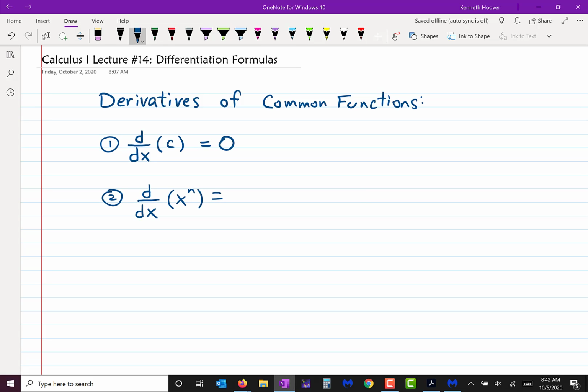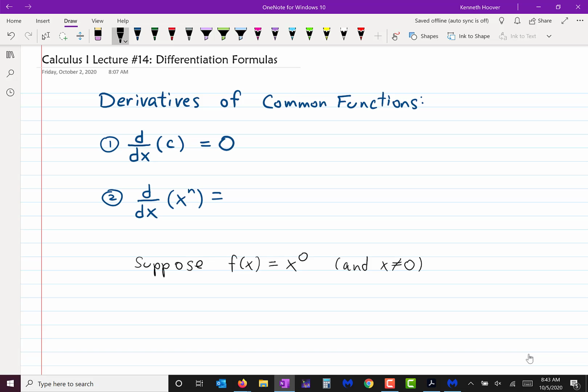All right, so first let's do what happens if n equals 0. So suppose f of x equals x to the 0, and I'll put in parentheses, x is not 0, because 0 to the 0 is oftentimes considered to be undefined.